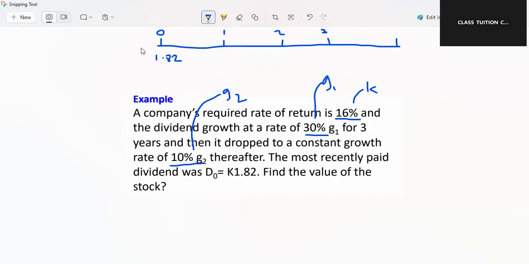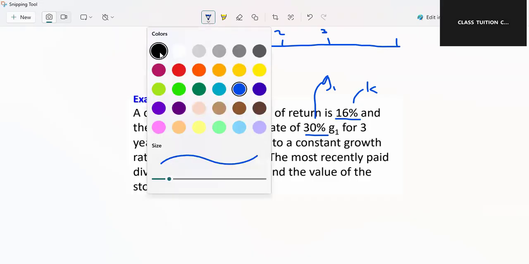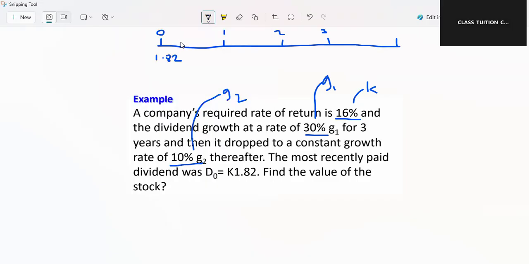So we multiply each of these years times what? 1.3, yes? Remember the shortcut I gave you. You're multiplying each of these years times 1.3, because it's growing by 30%. 1.3 for the first 3 years.